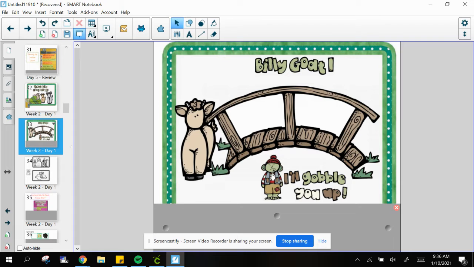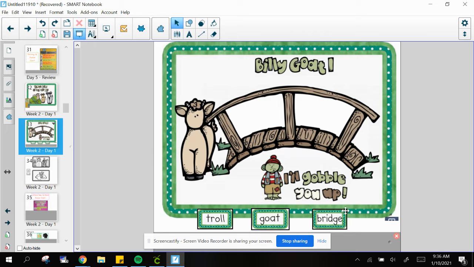Today I'm going to teach you how you can use the first letter sound of a word to label the pictures. So here I have 3 words, and these 3 words go with the picture that we see here on this page. So let's take a look at the first letter sound of these words and see if we can figure out which picture these words go to. Let's take a look here.